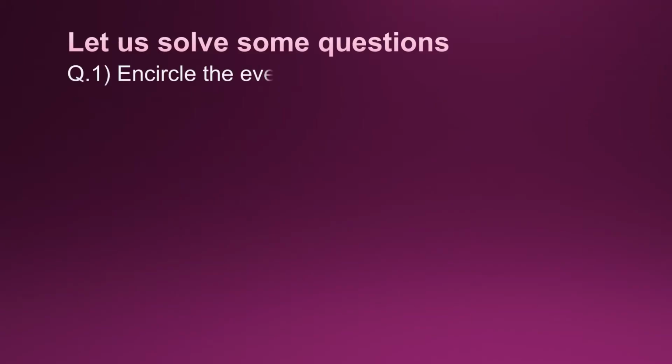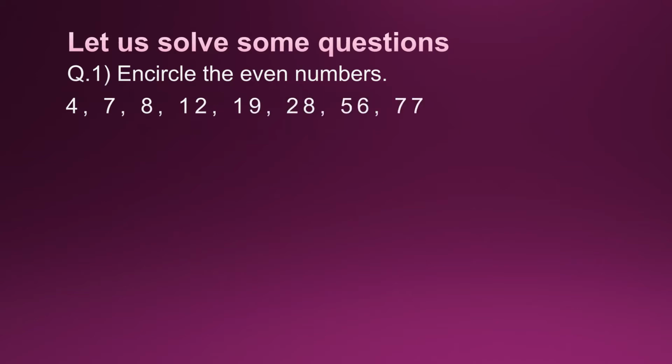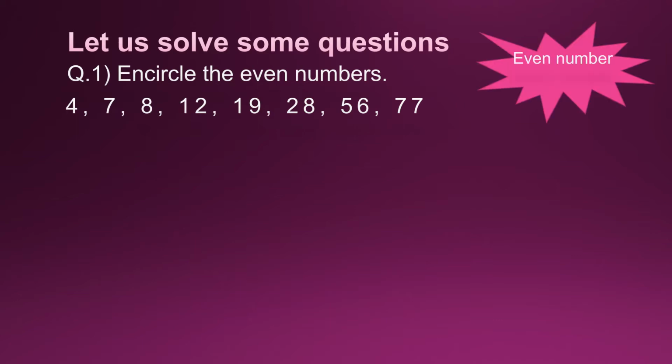Question number 1. Encircle the even numbers. The numbers are 4, 7, 8, 12, 19, 28, 56 and 77. We know that in even numbers, one's digit or last digit is always 0, 2, 4, 6 or 8.